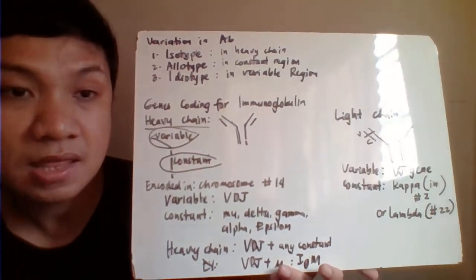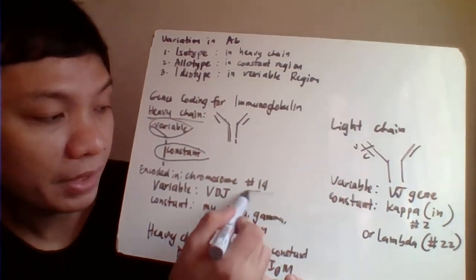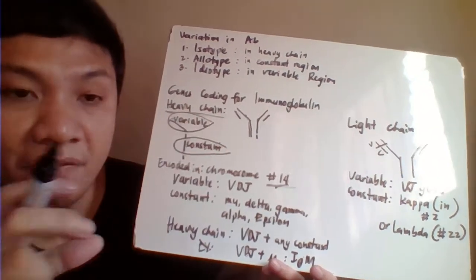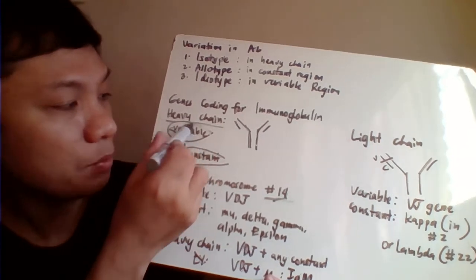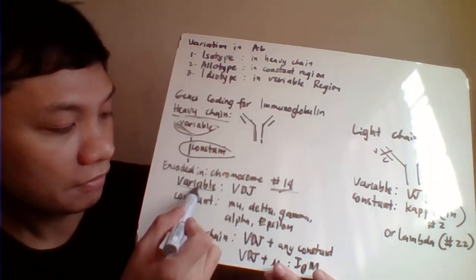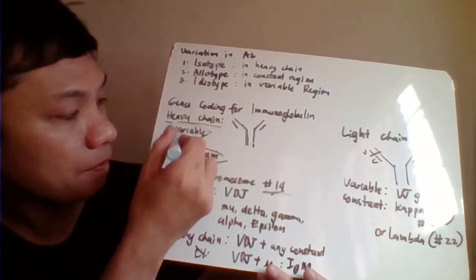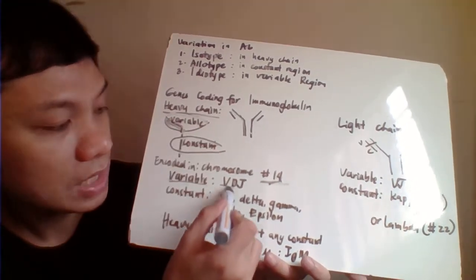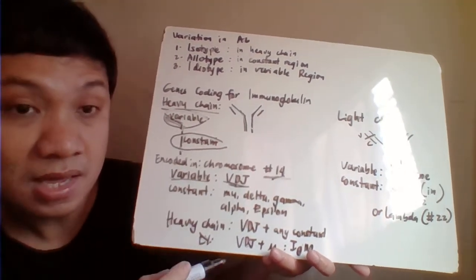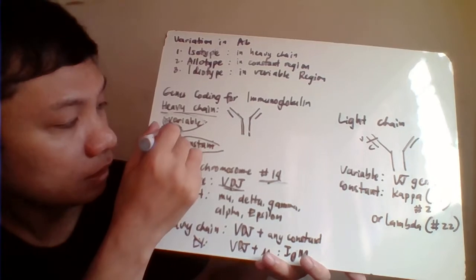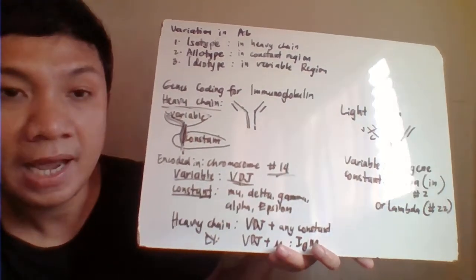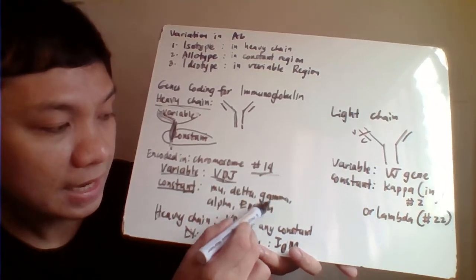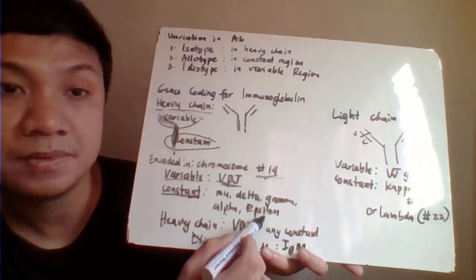Our heavy chain is encoded in chromosome number 14. Within chromosome number 14, there are genes coding for the variable region of your heavy chain. In the variable region of the heavy chain, there are 3 genes for that, your VDJ na gene. And again, the constant region here can be your mu, delta, gamma, alpha, or your epsilon.